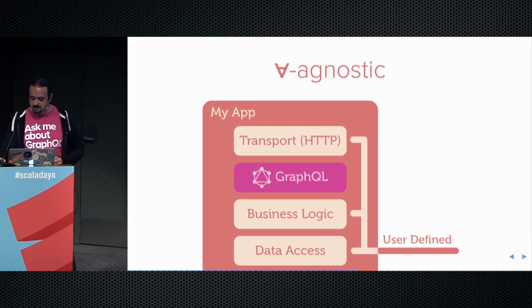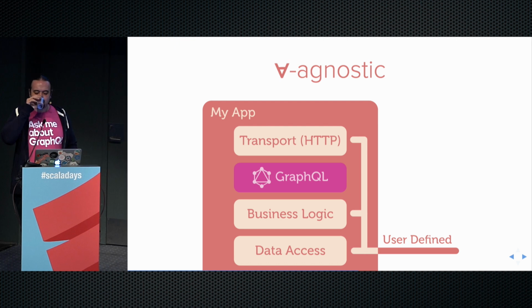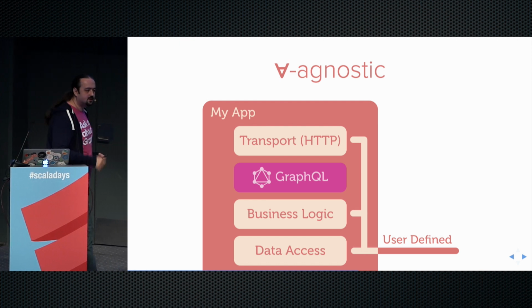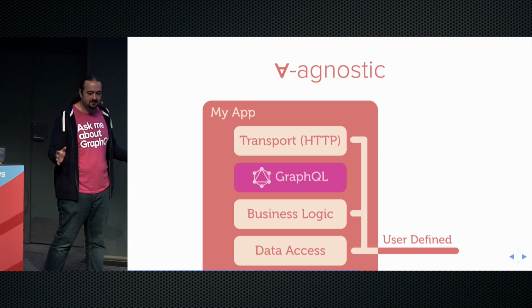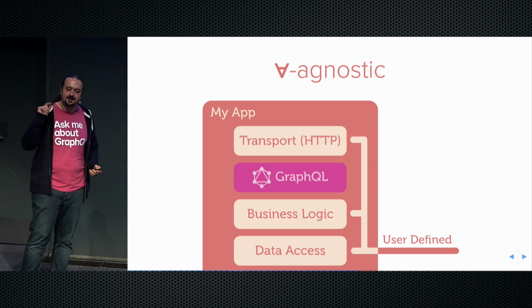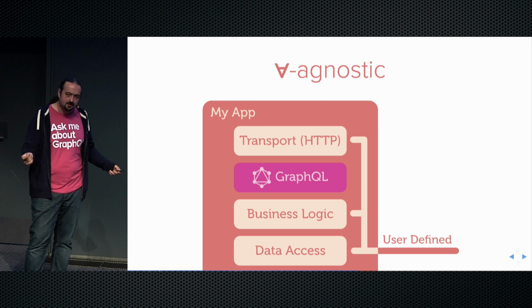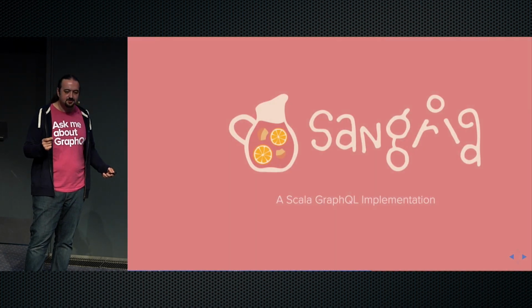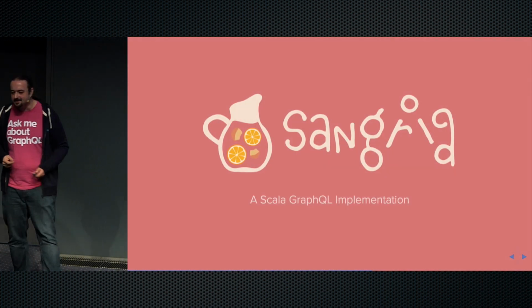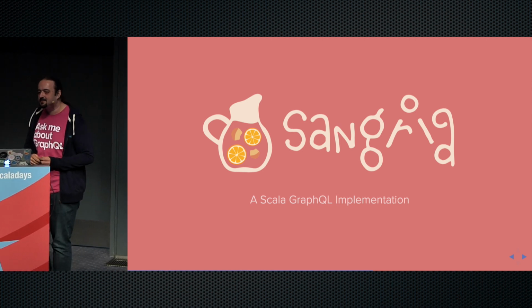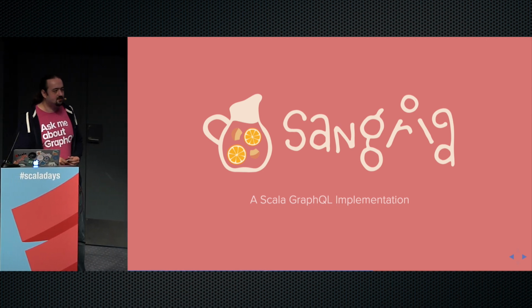So in general, GraphQL is agnostic of everything. It is just a tiny layer inside of your application, in particular inside of your Scala application. So this goes back to Sangria. Sangria is a Scala GraphQL implementation, and I have been working on it for 2 years.